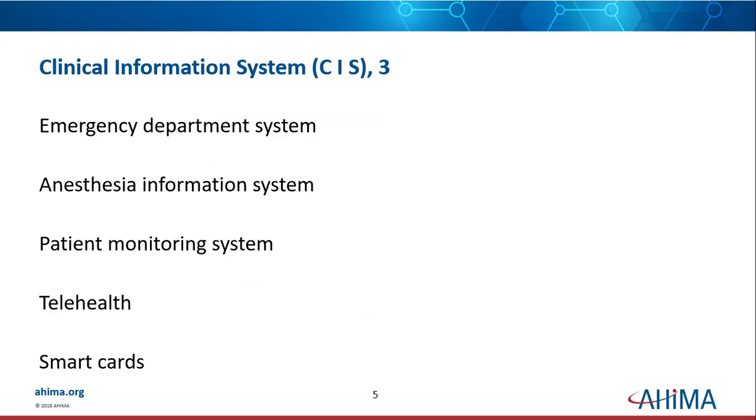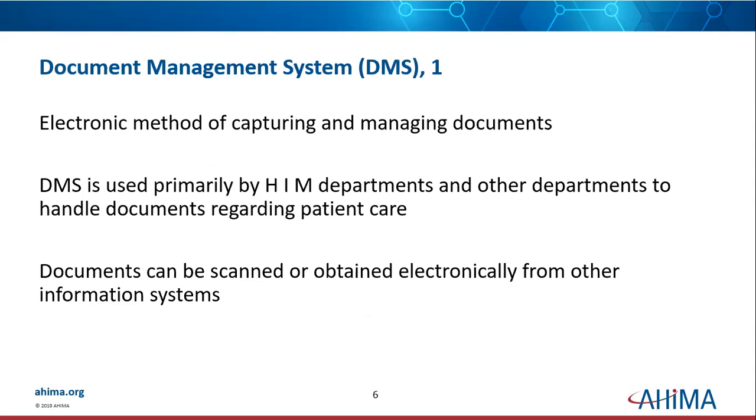This may also include emergency department, anesthesia, patient monitoring, telehealth, smart cards, and it can include other administrative functions such as managed care or patient care management for services that include monitoring patient stays.